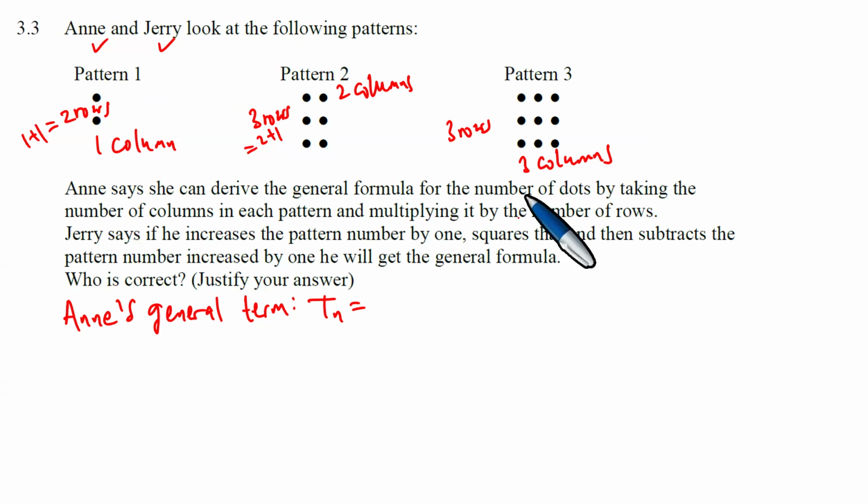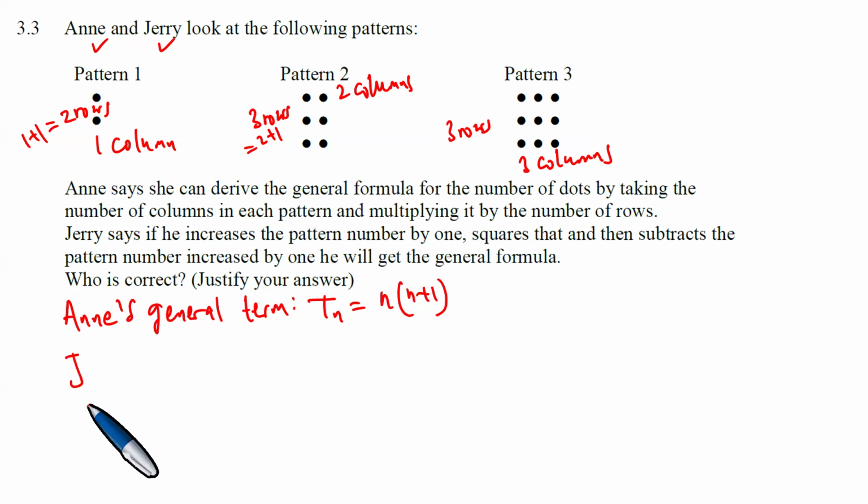So what Anne is saying is that Tn, the number of dots, is the number of columns in each pattern multiplied by the number of rows. So the number of columns is n and the rows are n plus 1.